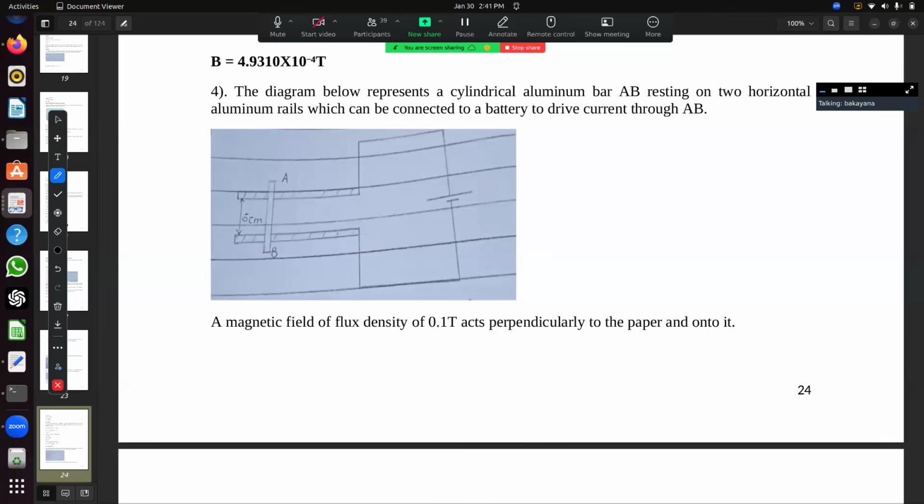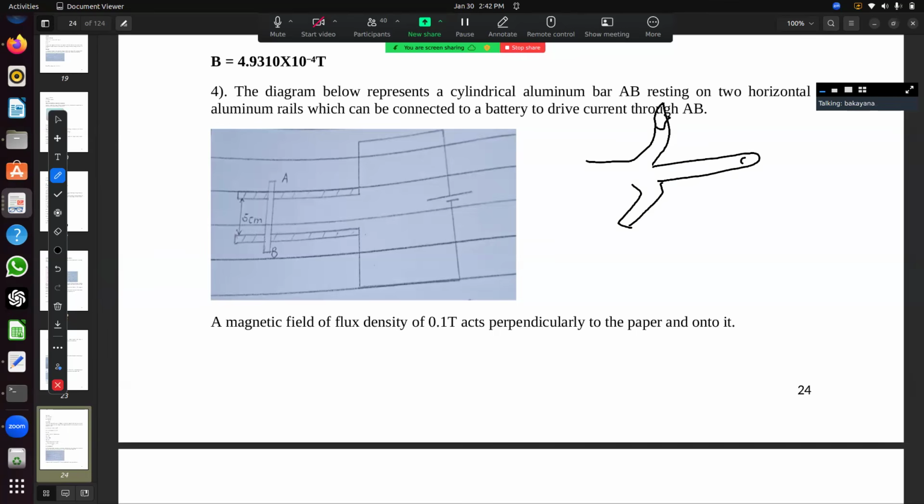For those who missed, we saw the Fleming's left-hand rule. I'm not very good at fine art, but we saw that once you have a thumb using a left hand, you have a forefinger like that.